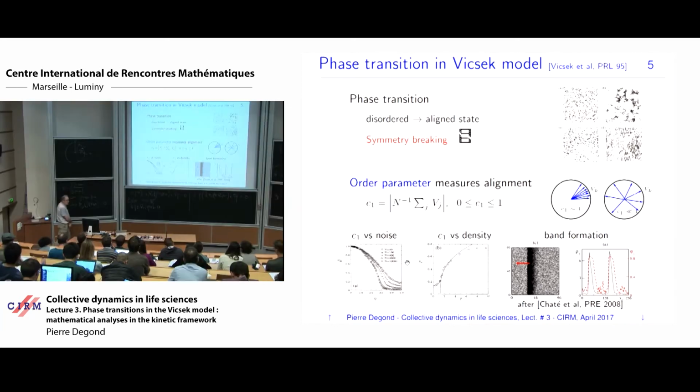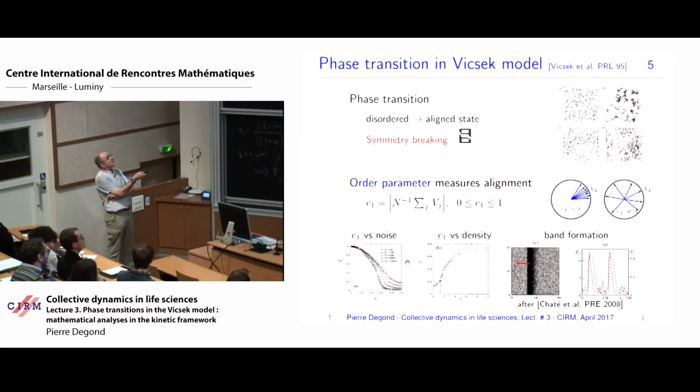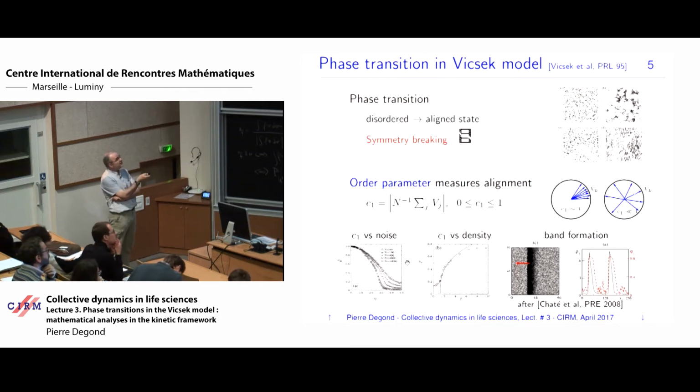Here is what you can see in the original paper of Vicsek. These are pictures taken from the paper of Vicsek, and so these are various snapshots of the system. It's not very clear in the paper already, so you really need to take a magnifying glass.